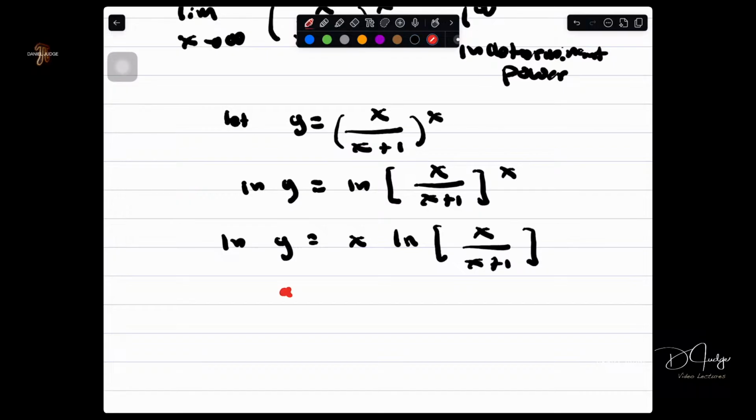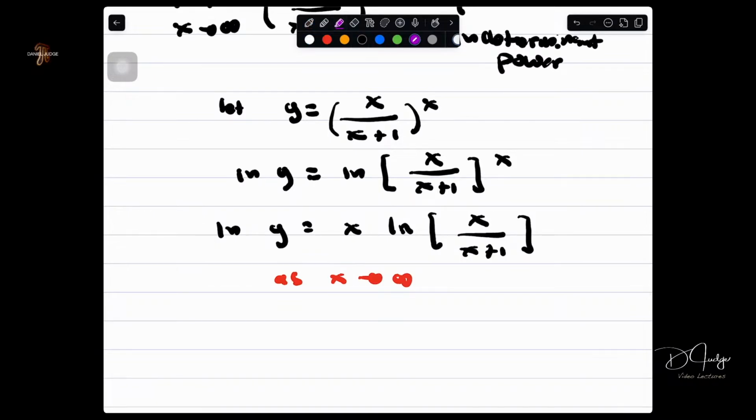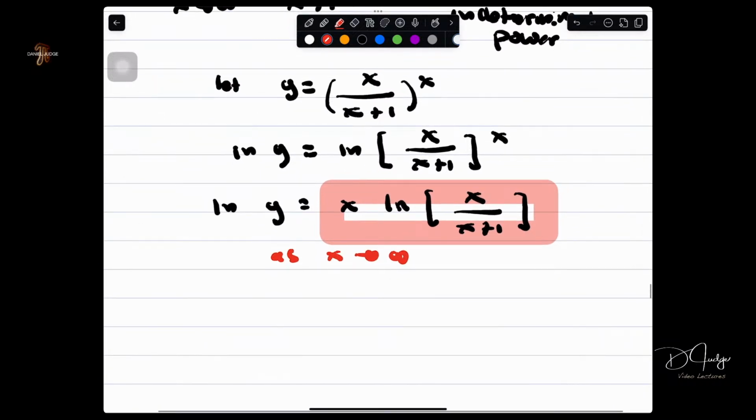So let's recall, as x goes to infinity, what happens on this right side here? We get infinity times 0, an indeterminate product. We have to fix this.